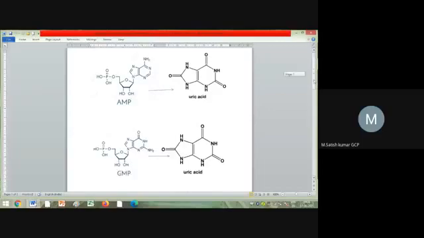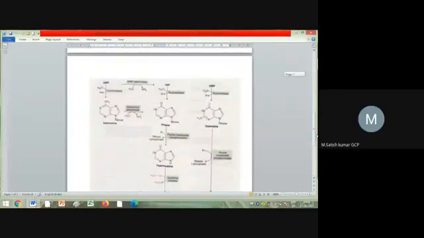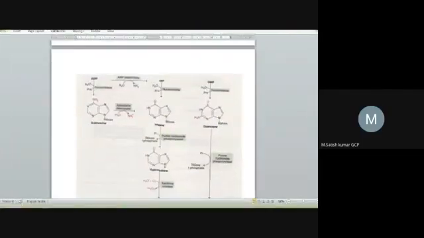In the second way of degradation, the phosphate molecule is detached from the molecule first, in the first reaction, so that we can form adenosine. Adenosine is also a nucleoside.